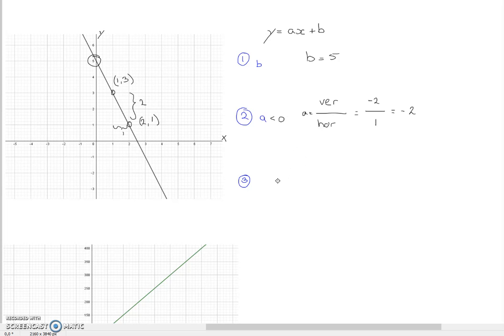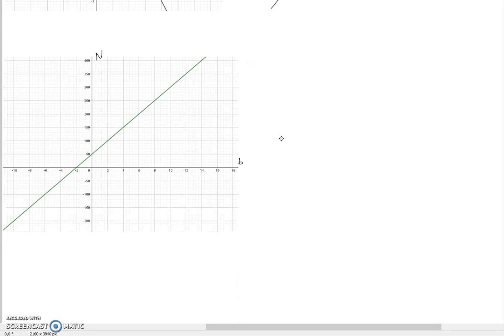Last step is writing down the formula. y is negative 2 times x plus 5. The last example is a trick example, because note that the axes are not labeled x and y but b and n.